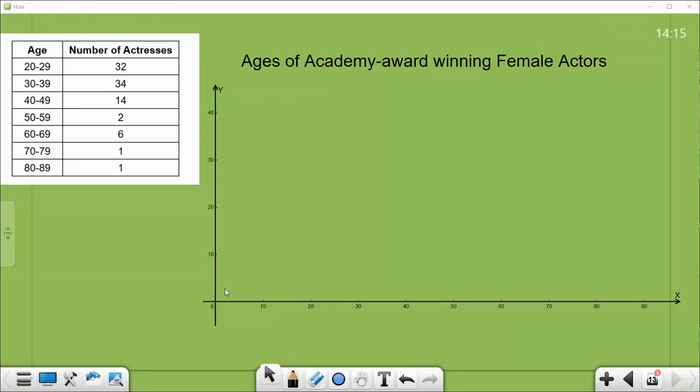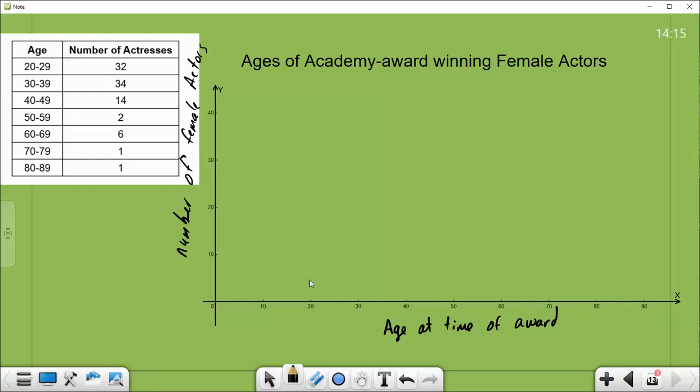And then the number of female actors on the side here. And then on the bottom, this is age at the time of award. All right, so let's see.